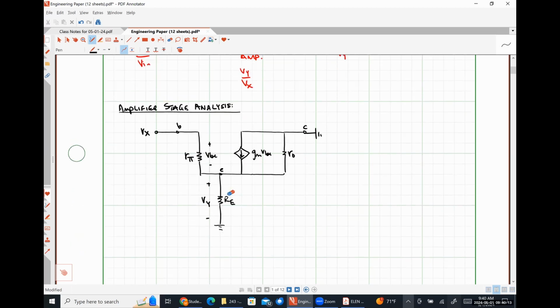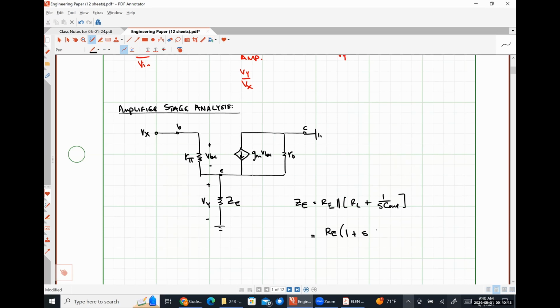So I'm just going to modify this to, instead of being an RE, let's just call it a ZE, where ZE comes out to be RE in parallel with RL plus 1 over SC out, or RE times 1 plus S RL C out divided by 1 plus S RE plus RL C out.